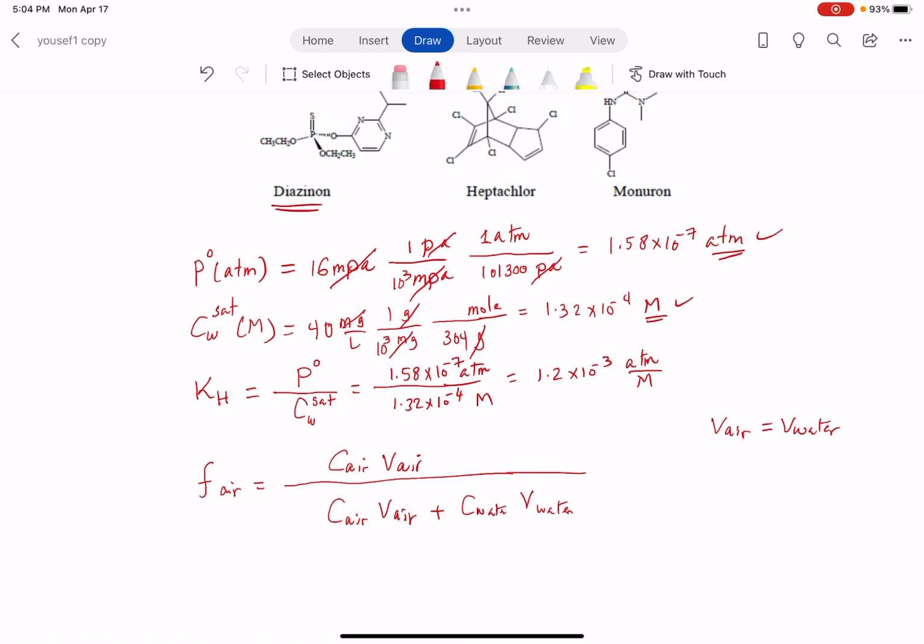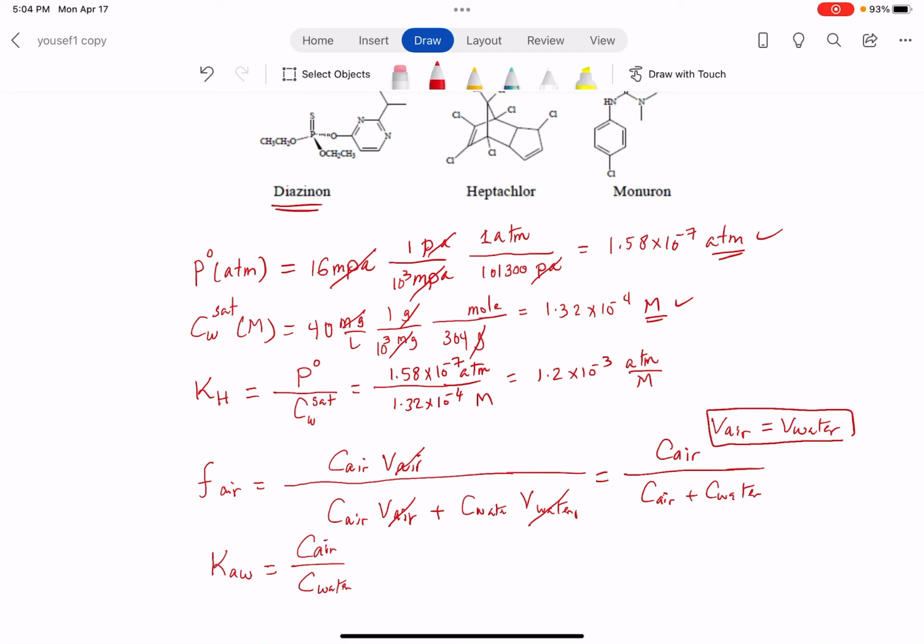So when you cancel everything, you'll have C air over C water. And now we're going to use the definition of Henry law constant, K air water, which is the concentration of the component in the air over the concentration of the component in the water.